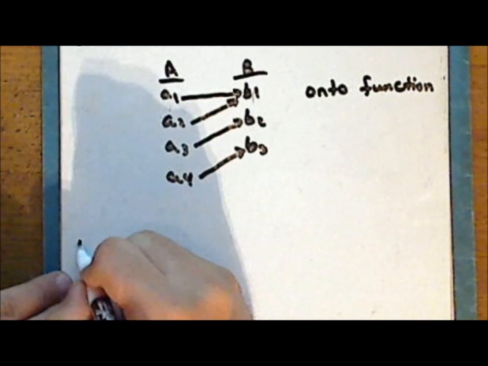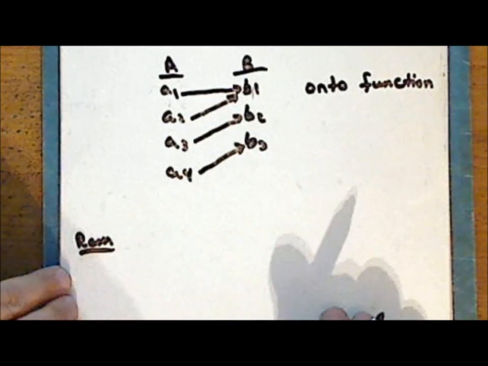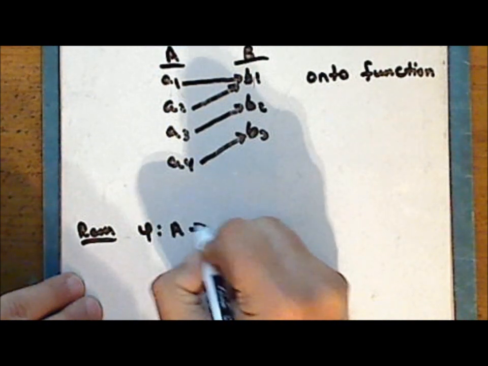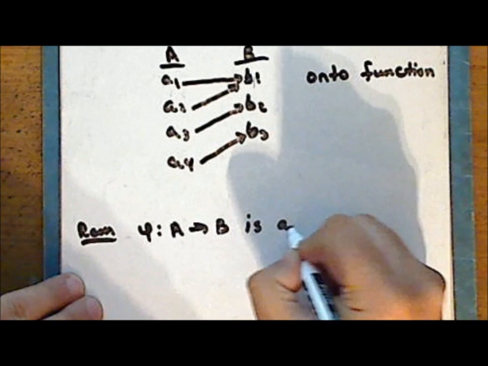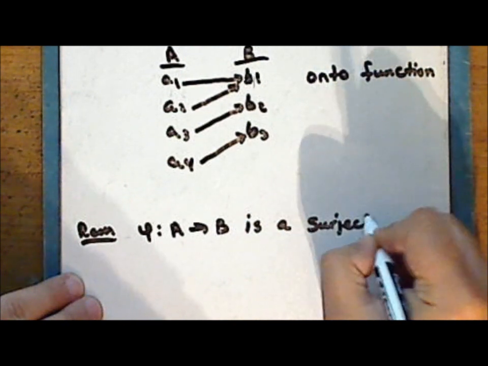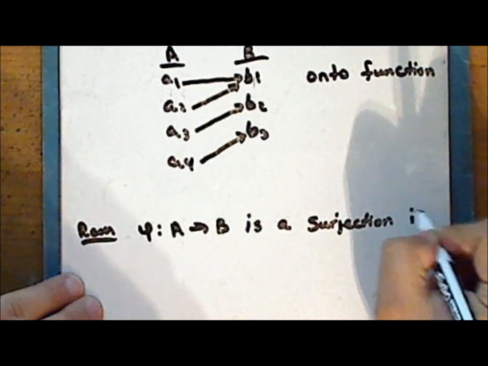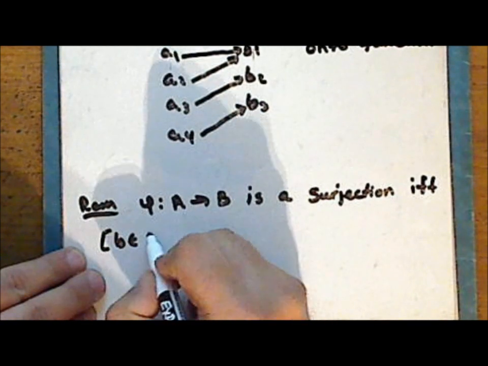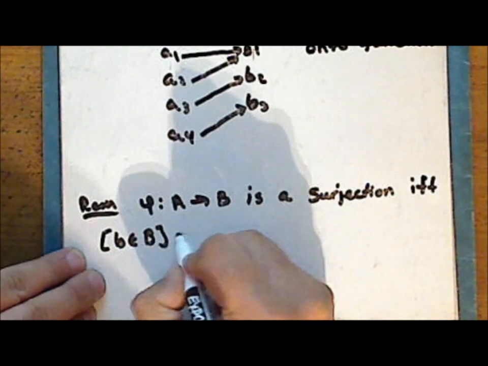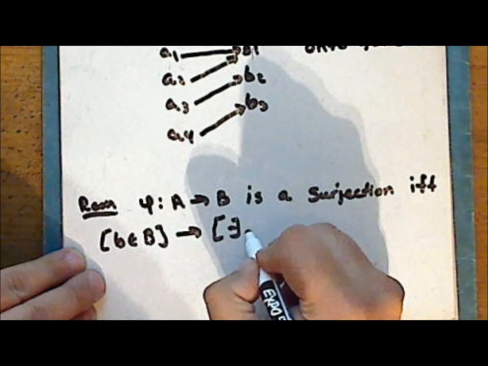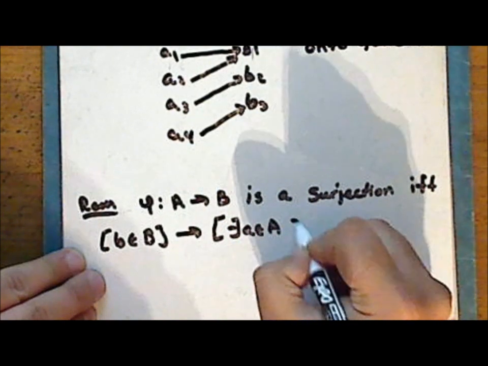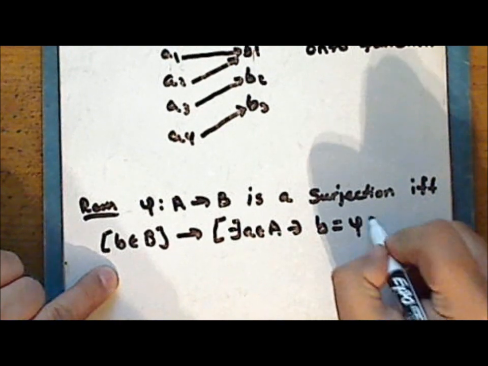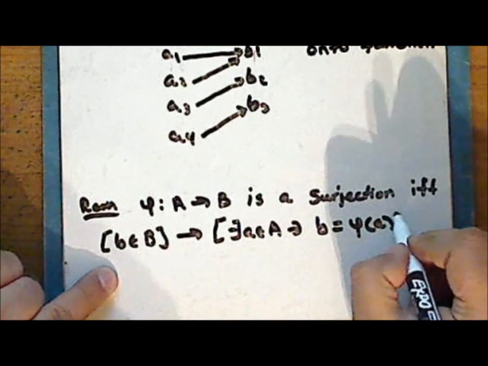So notice that we can redefine a surjection this way. A function phi from A into B is a surjection if and only if, given an element b in the codomain, this implies that there exists an element a in the domain such that the element b in the codomain is phi of that element a in the domain.